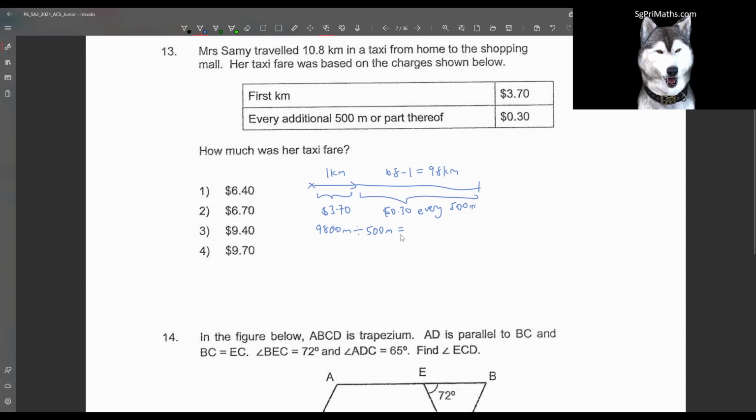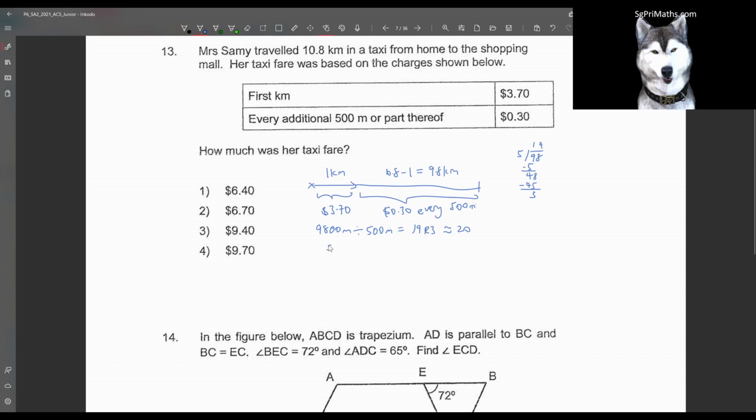So you just do the division here. It'll be 98 divided by 5. 1, 5, 48, 9, 5, 45. So you have to remember the 3. 19 remainder 3. So we'll round up to 20. So there are 20 lots of 500 meters.